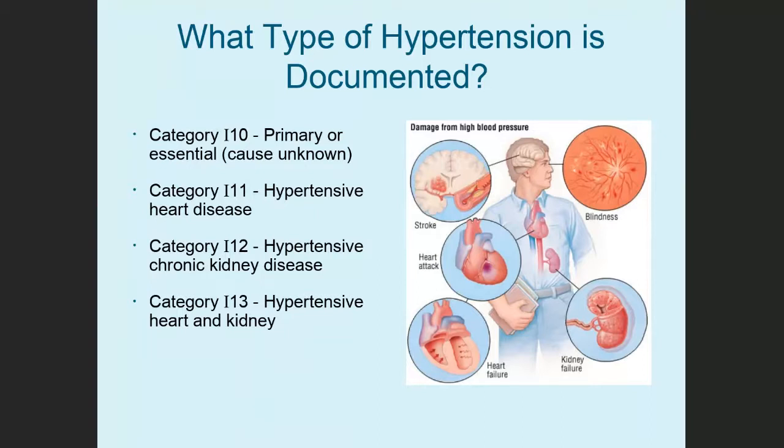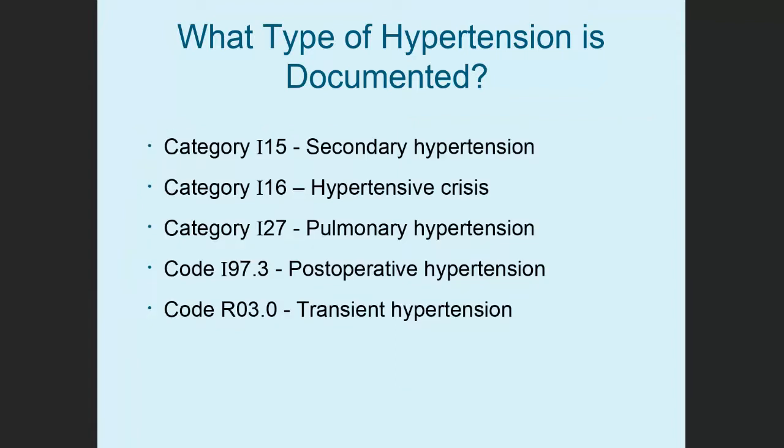Now, what kind of hypertension does the patient have? There are many different categories to choose from. Category I10, which is primary or essential hypertension. Category I11, which is hypertensive heart disease. Category I12, hypertensive chronic kidney disease. Category I13, hypertensive heart and kidney disease. Category I15, which is secondary hypertension.